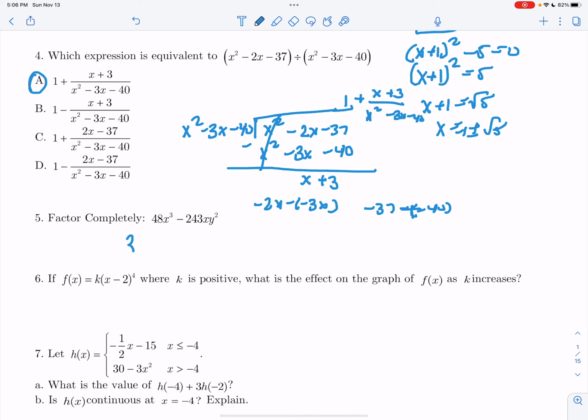So 3x was your GCF, so 16x squared minus 81y squared. You're going to get 3x, 4x plus 9y, 4x minus 9y.